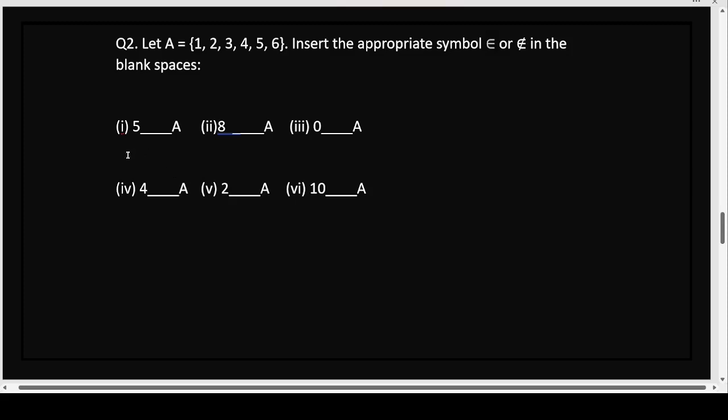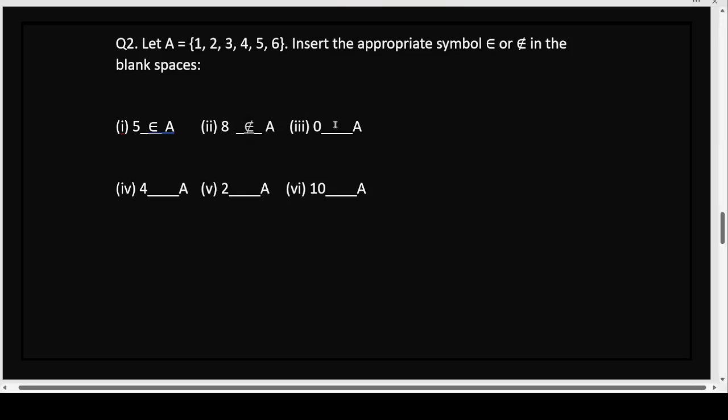Now see, first one, 5: belongs to or does not belong to A? 5 is present in the set A. So 5 belongs to A. Similarly, 8: does 8 belong to A? No, it does not belong to A. Does 0 belong to A?